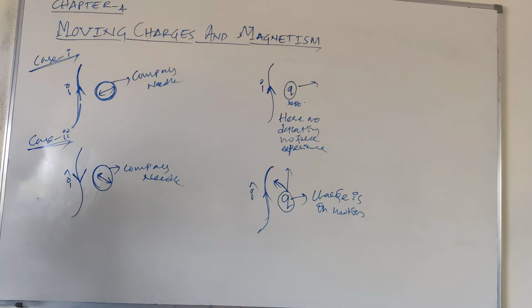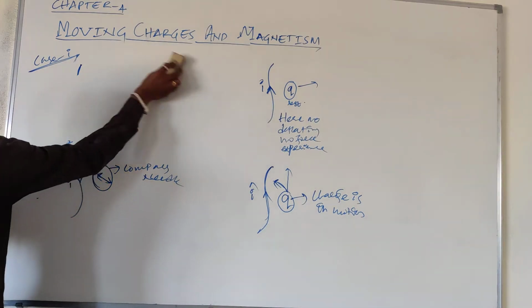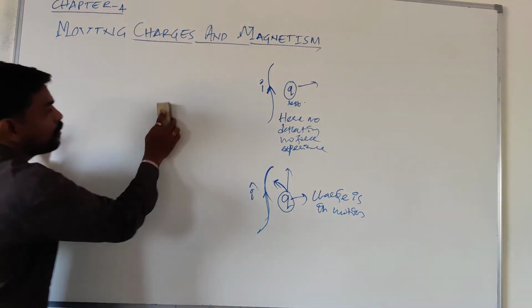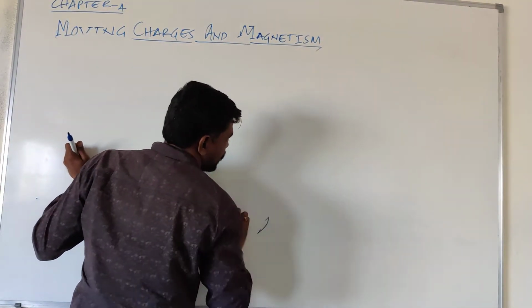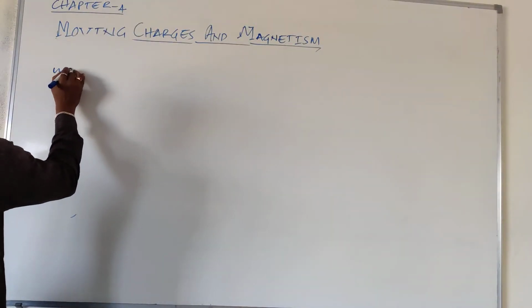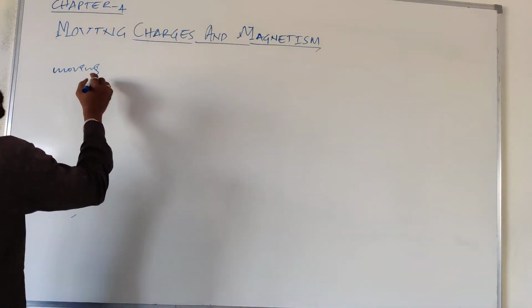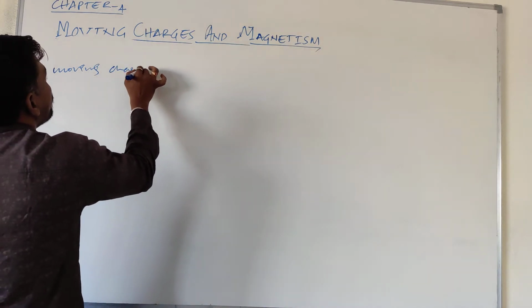After all these observations, what Oersted concluded is that moving charges or current produce a magnetic field.